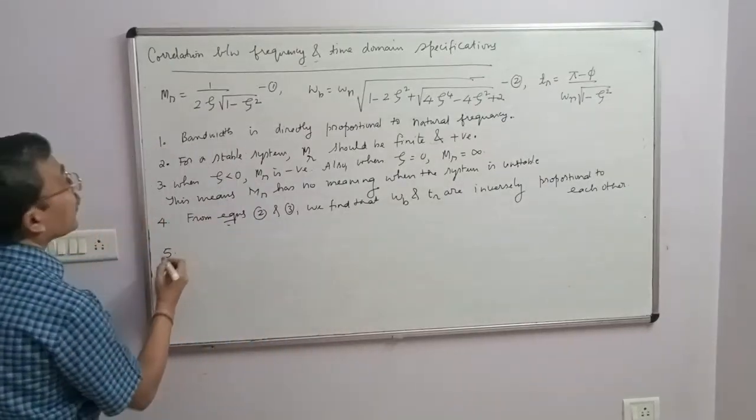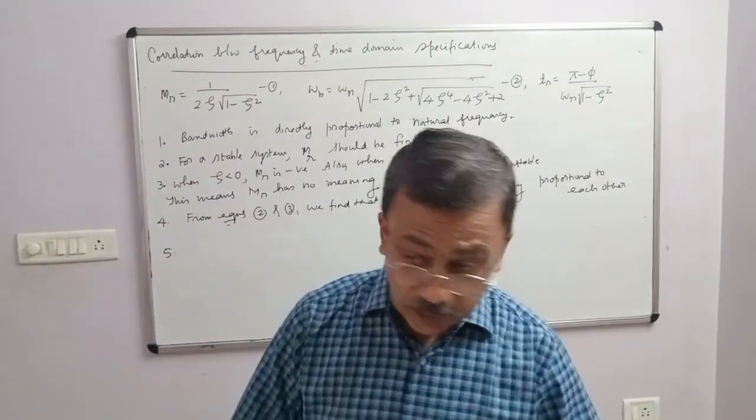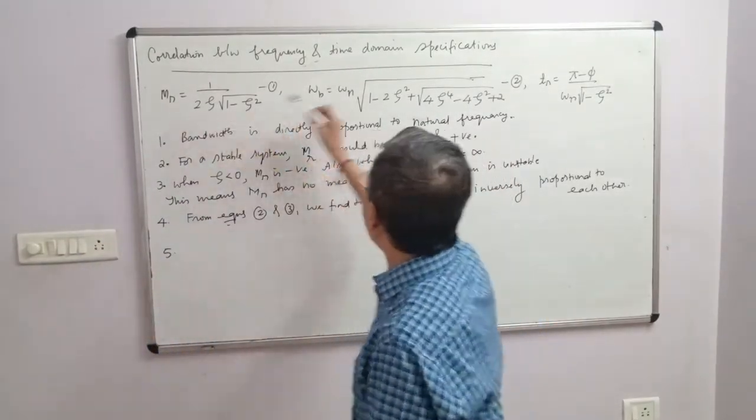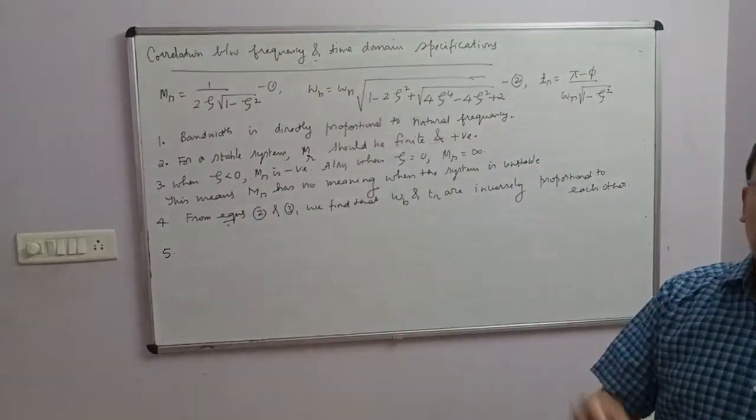Fifth one, MR and omega b are proportional to each other when zeta lies between 0 and 1 by root 2.